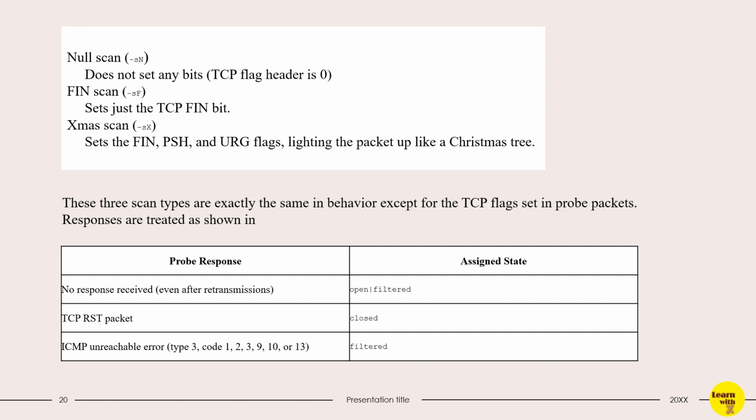In a FIN scan we just set the TCP FIN bit, and in Xmas we set all the FIN, PSH, and URG flags. This is why it got named the Xmas scan: it will be lit up like a Christmas tree with all the flags like FIN, PSH, and URG.